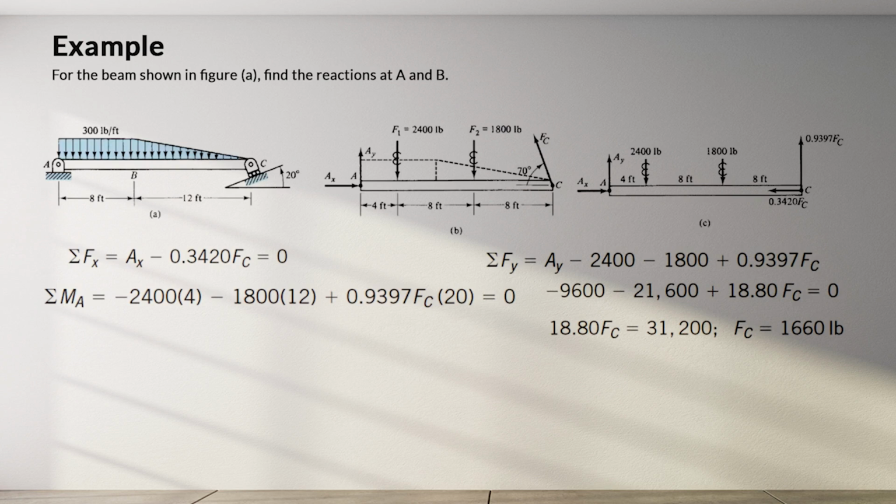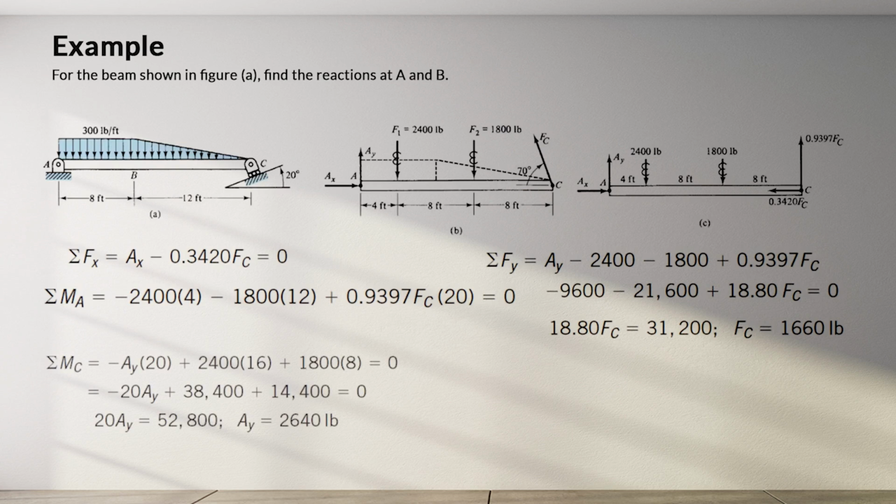Unknowns Ax and Fc can be eliminated if we sum the moments with respect to C. Any number of force and moment equations can be written, but only 3 can be independent. Each equation should be written to agree with your free body diagram. So if we take a moment around C and solve for Ay, we find our Ay to be 2,640 pounds.